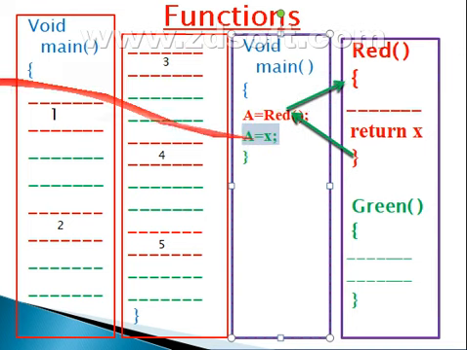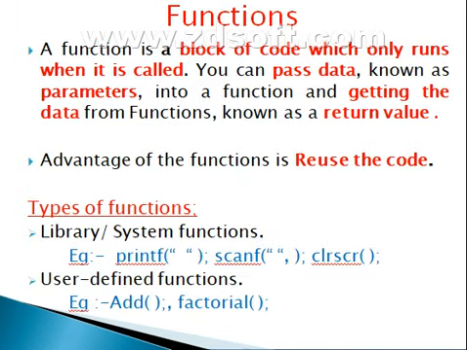Okay, so this is called the third point in your function definition. Getting the value from the function is known as a return value. Then the key feature or advantage of the function is reusing the coding.